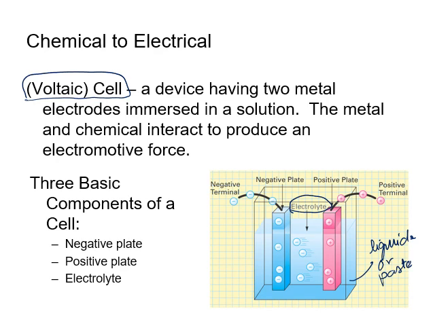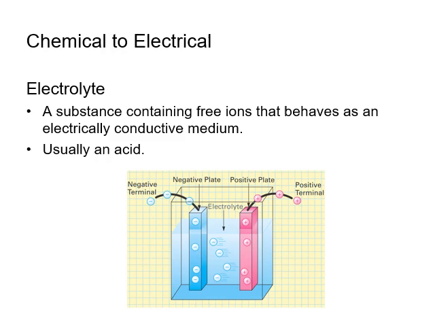You have two electrodes, a negative electrode and a positive electrode. And we talked about the electrolyte. The electrolyte is a substance containing free ions that behaves as an electrically conductive medium, usually an acid. And if you recall, I explained that in class.